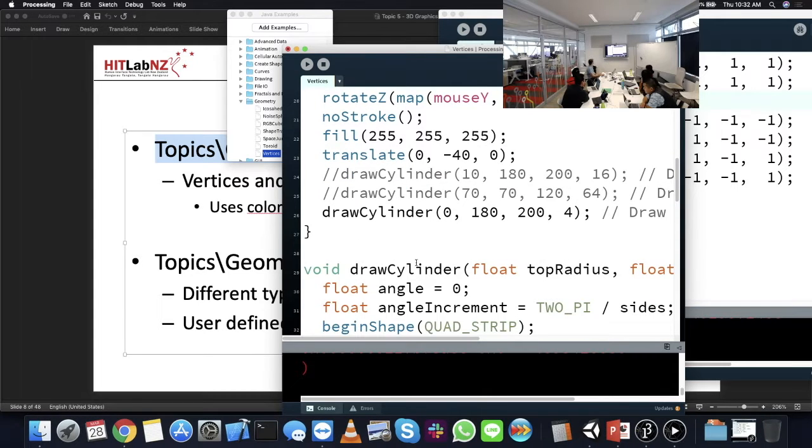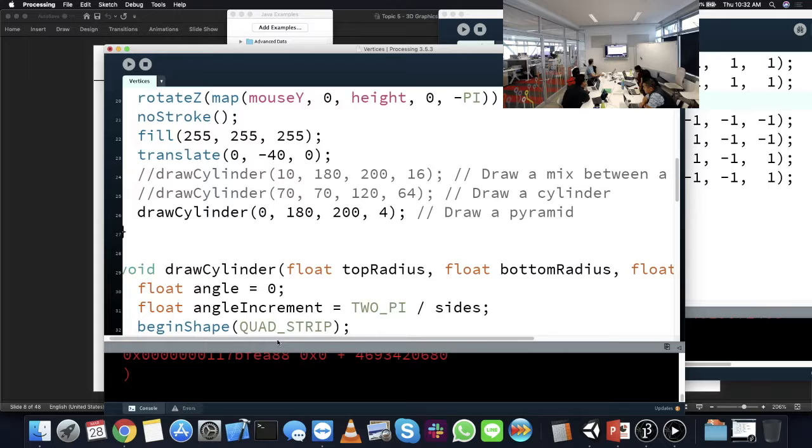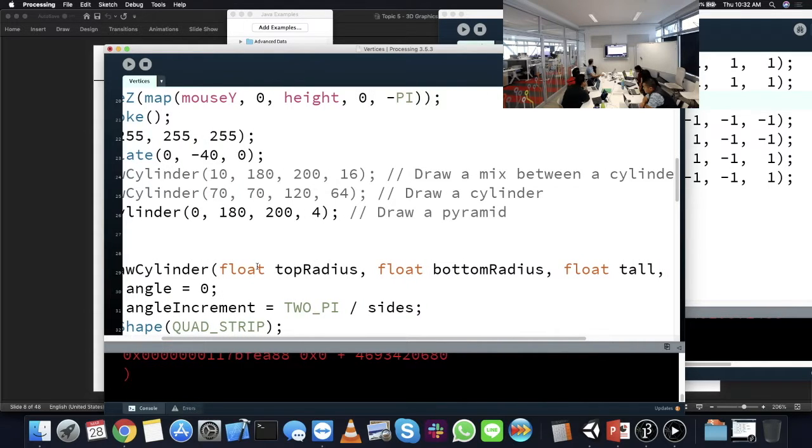If we look at this draw cylinder method, it's kind of complicated, but it's not too bad. It takes in a few arguments. The top one is the radius of the top, so how wide the top should be. Actually, let's talk about the first 2. We have top radius and bottom radius. If you think about a cylinder, one defines how large the top is and the other how large the bottom is.